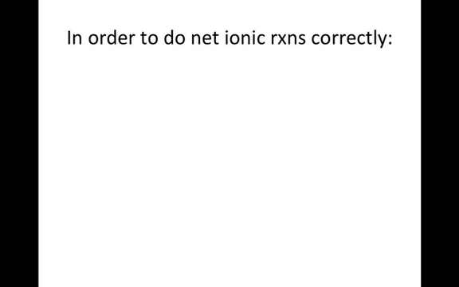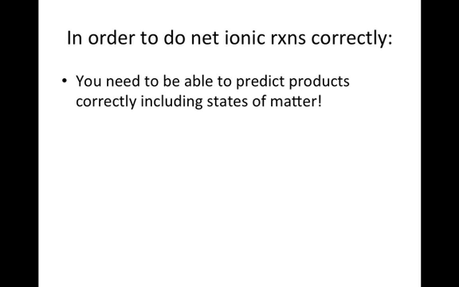Now, here's some closing remarks. First of all, in order to do these things correctly, a couple of things that you have to be comfortable doing. First of all, predict the products correctly. And this is one of the outcomes of that initial naming quiz that you had to score 95% or higher on. To be able to predict the products correctly, you have to know the oxidation states that they'll form.